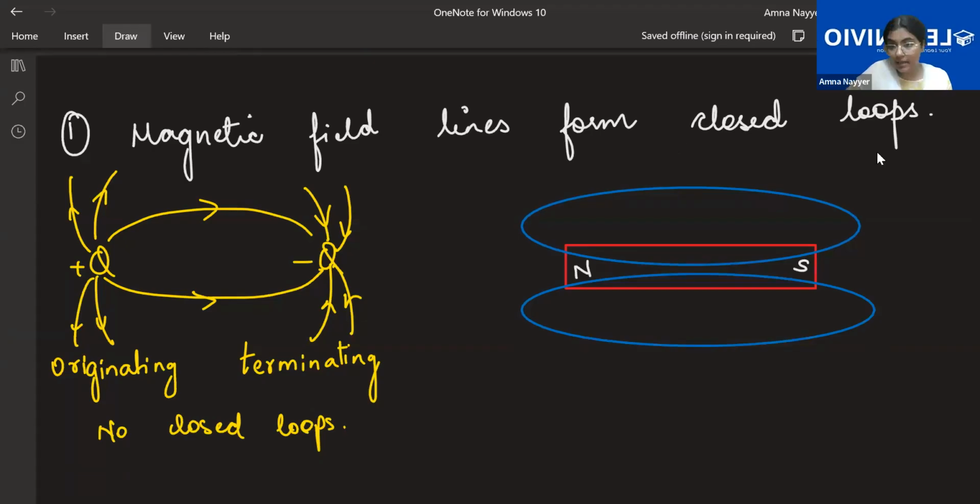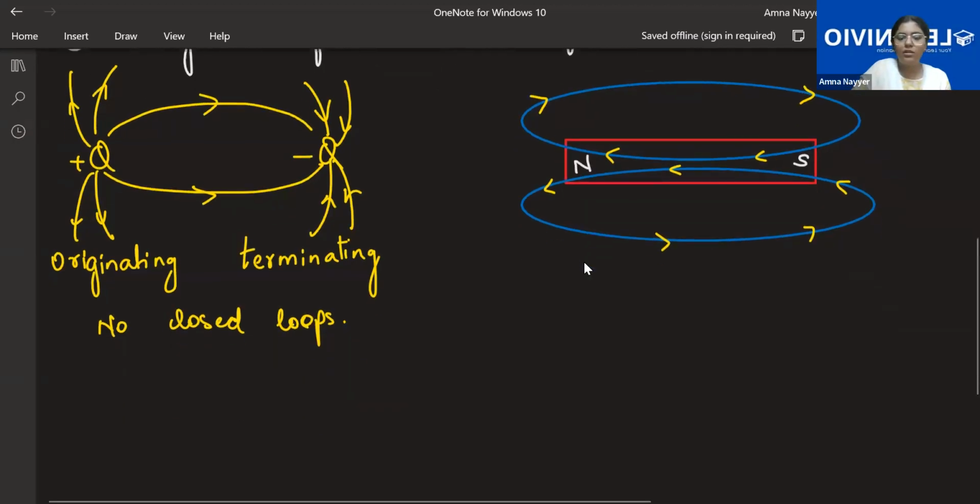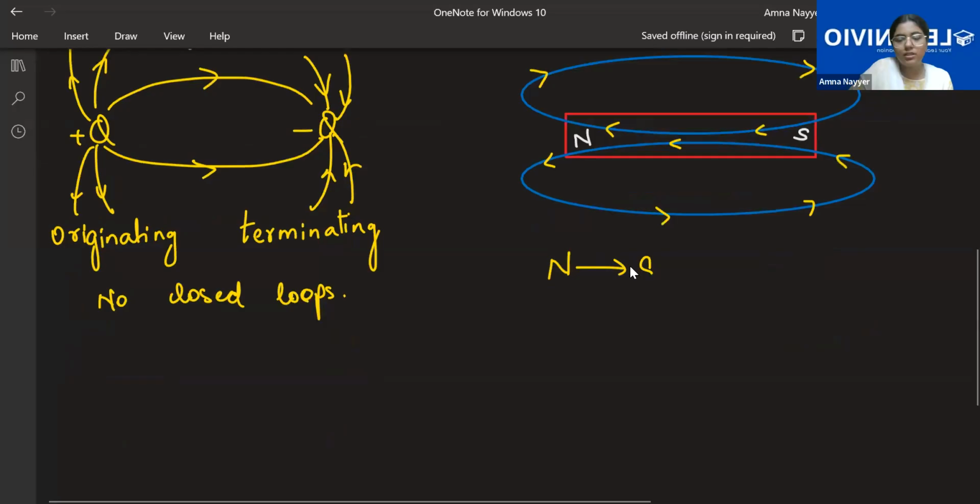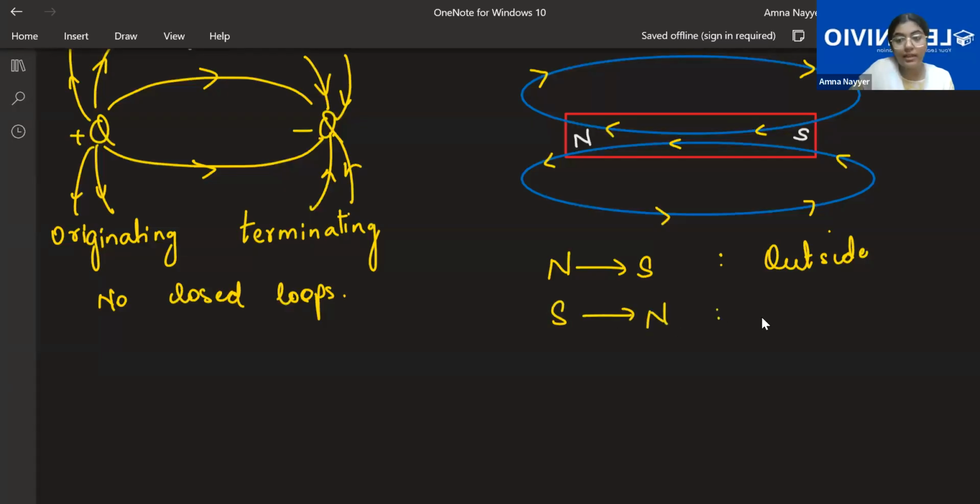The field lines come out from the north, terminate towards south, and then within the magnet they move from south to north, forming closed loops like this. So the direction is north to south outside the magnet, and south to north inside the magnet.